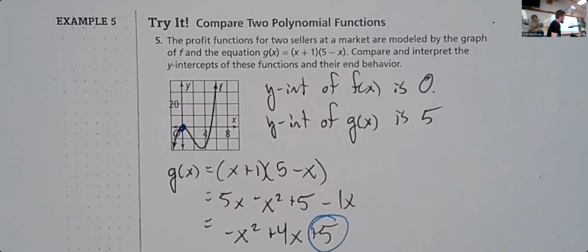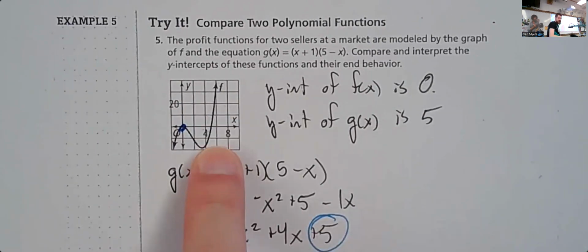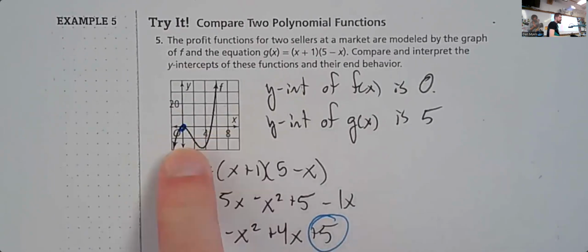Compare and interpret the y-intercepts. So let's just talk about this. We don't need to write everything down, but if we're talking about profit versus production or sales, right? Profit is y, sales is x. If the person selling that uses the function f sells nothing, how much money will they make? $0.